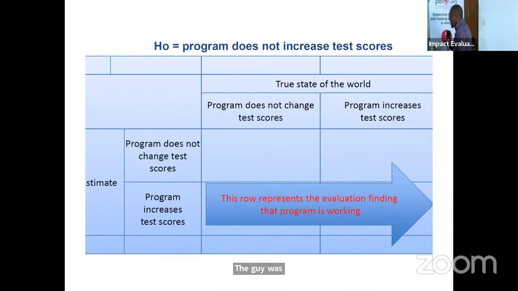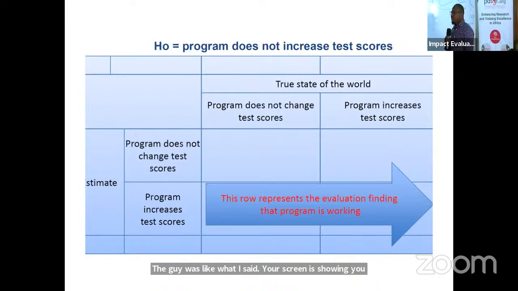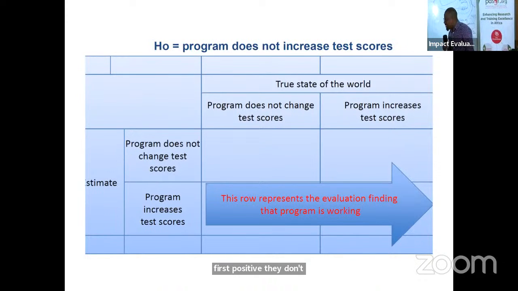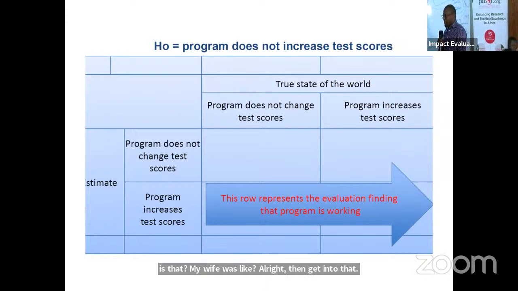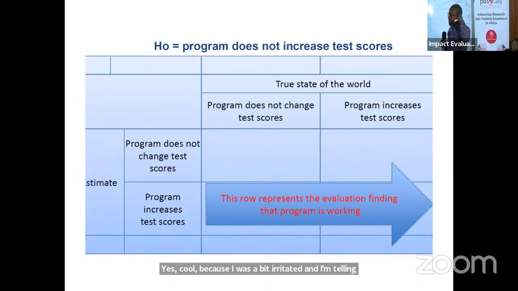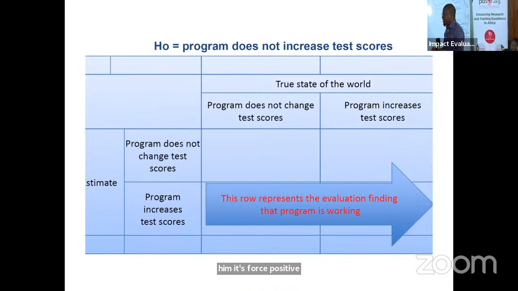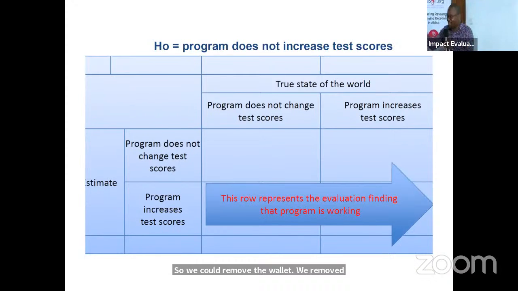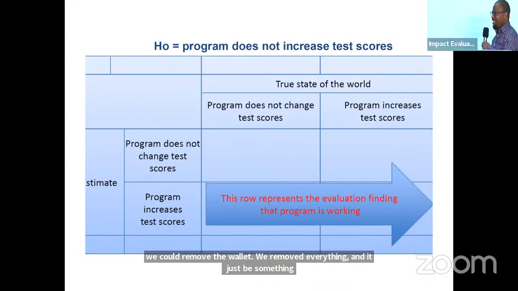I said, your screen is showing you a false positive. My wife was like, all right, don't get into that. Just cool. Because I was a bit irritated, and I'm telling him it's a false positive. So we removed the wallet, we removed everything, and it is still showing something. Then I said, your machine has a virus. Eventually they let me in.